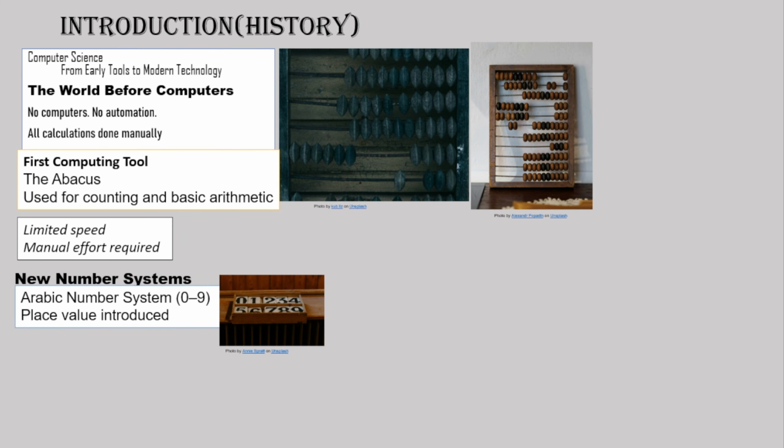As things kept changing, something very important emerged: the idea of solving problems step by step, right? These step by step instructions are what we call algorithms. Even back then, people were already thinking like programmers. They just didn't have computers yet.